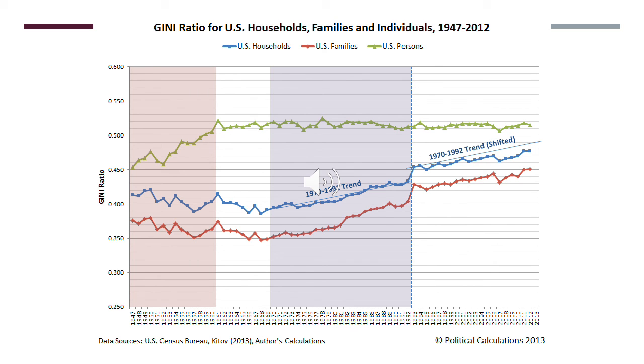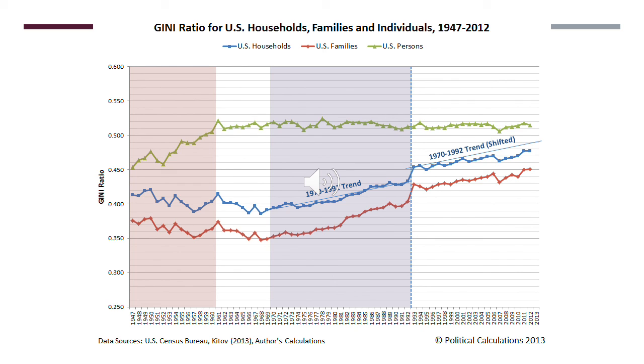But what this chart shows, the 3 lines on this chart don't represent different countries. They represent different ways of looking at inequality within the United States. So the green line at the top represents all U.S. persons, but I want us to focus on the blue and the red line at the bottom that map really neatly onto each other. Notice that they seem to follow exactly the same pattern, even though the red line is just a little lower.